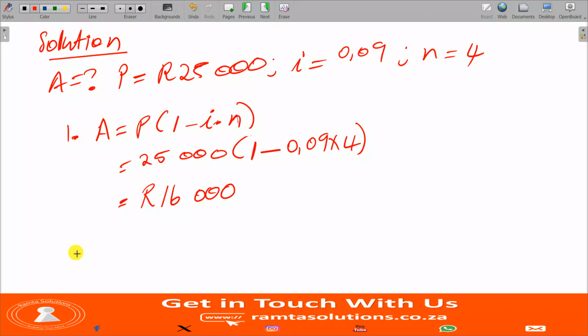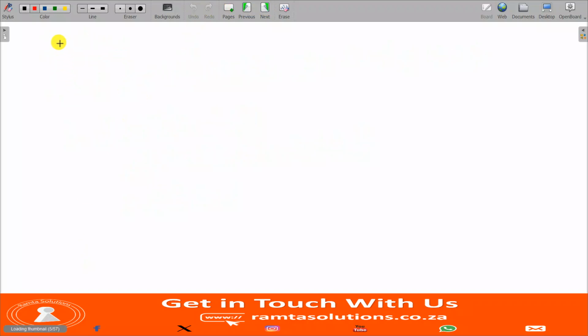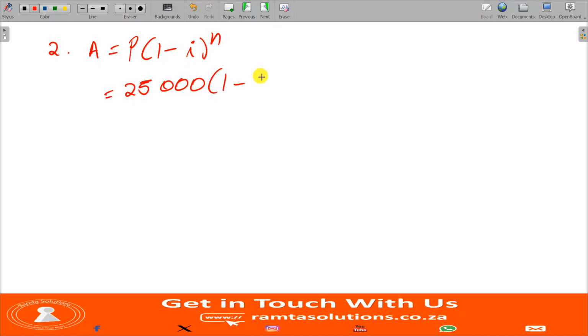Perfect. Number 2, we're looking at the reducing balance method. On the reducing balance method, the machine we said was 25,000 rands, and then the interest rate is 0.09, to the power 4.